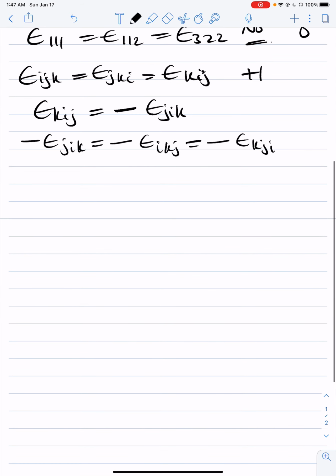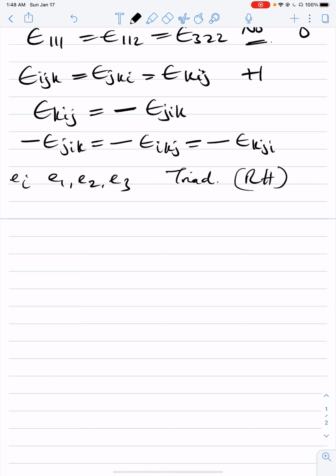I hope that's clear. So let's assume we have unit vectors e1, e2, e3. These three form a triad, and in a right-hand system they form a right-hand triad. We could talk of the cross products.